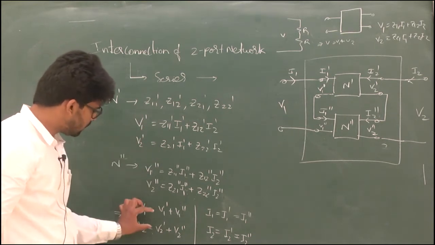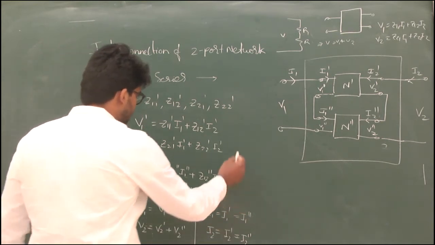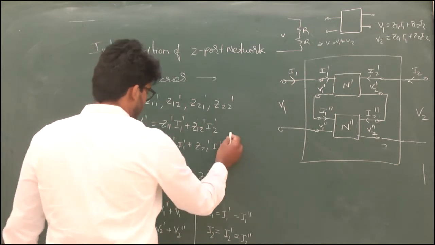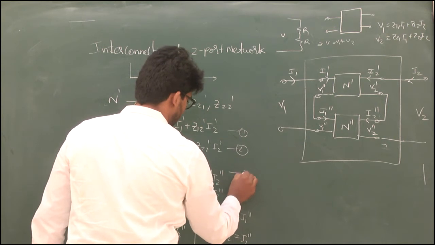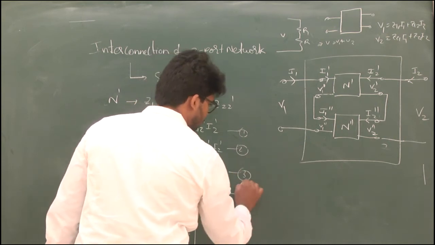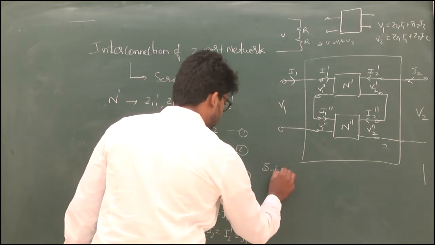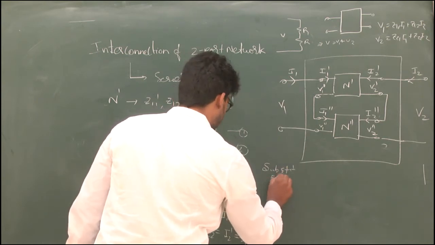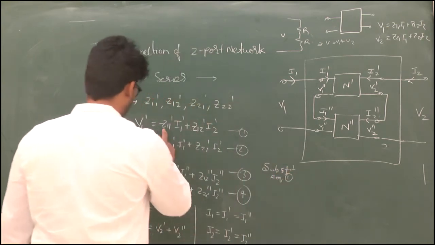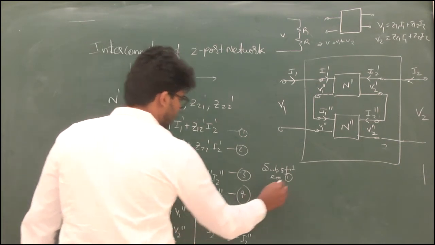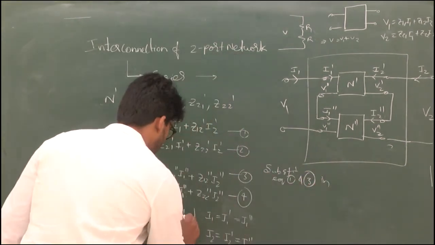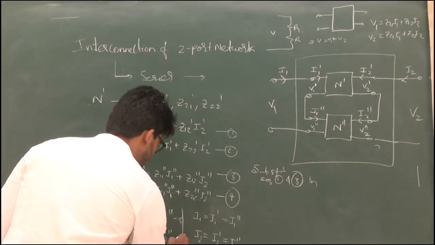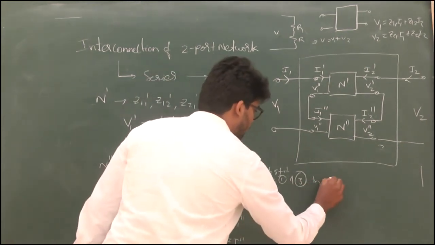Let us say these are equation 1, equation 2, equation 3, equation 4. Substitute equation 1 and equation 3 in, let us say, this is 5 and this is 6, in 5.